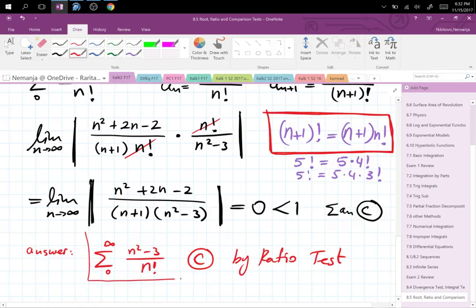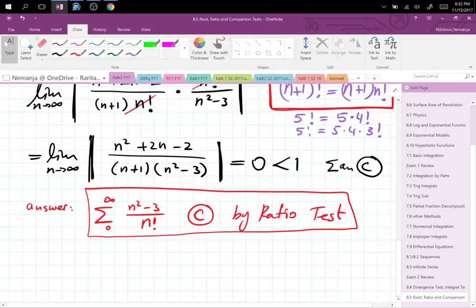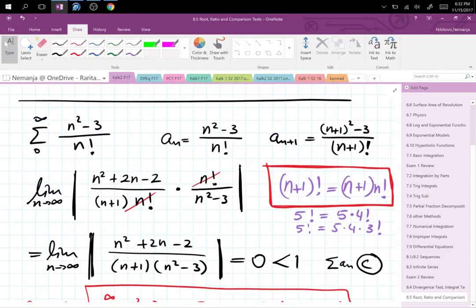And that's the answer. You can see again, we had the combination of 2 different functions. We have a polynomial in the numerator, and we have a factorial in the denominator.